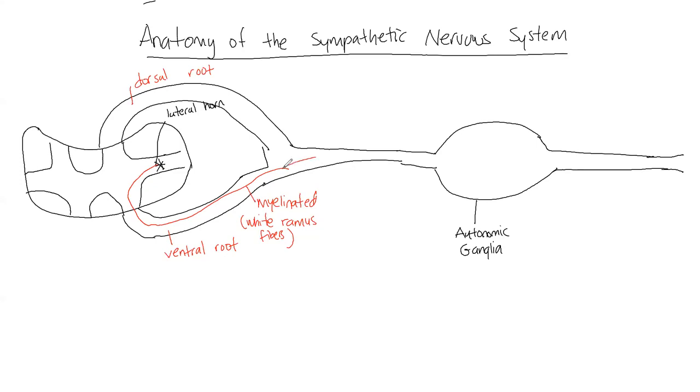And I'm going to continue to draw this in red, representing that it's myelinated. But then when it synapses here, let's change the color to blue, because this is no longer myelinated. And we can call this gray ramus beyond this point. When it reemerges into the spinal nerve, it's now considered an unmyelinated fiber. And we're going to call this gray ramus or gray rami.